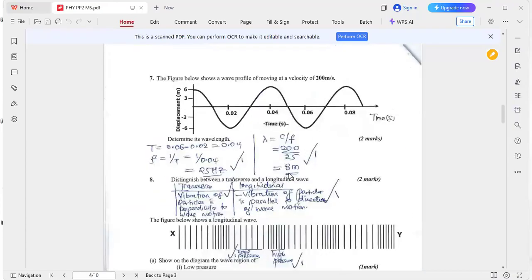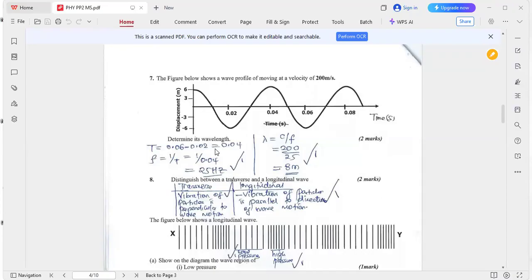Then number 7 is about waves. The figure below shows a wave profile moving at a velocity of 200 meters per second. Determine its wavelength. We know wavelength is the distance between two successive crests or the distance between two successive troughs.